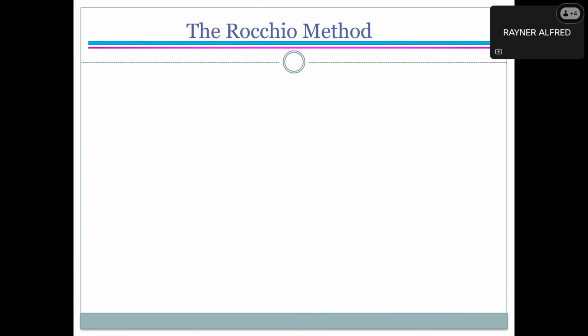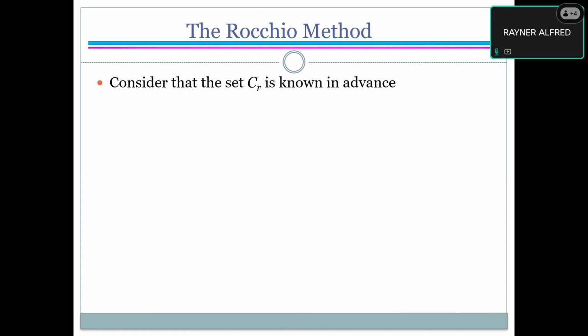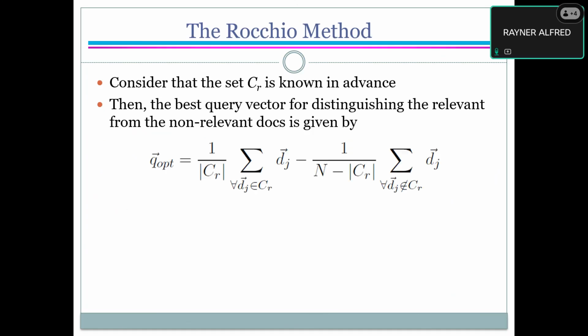Okay. So when we look at the condition that we have, consider that we have the set of relevant documents. We also have the set of all of the documents that we have. So when we want to optimize the query that we have, we want to eliminate all of these non-relevant documents.